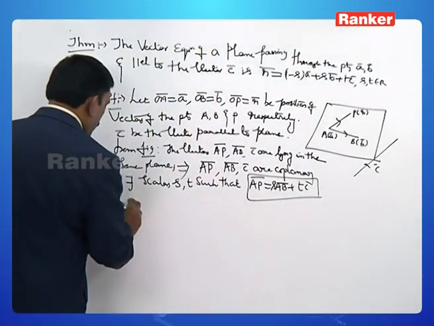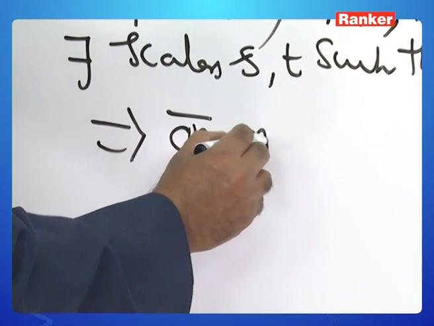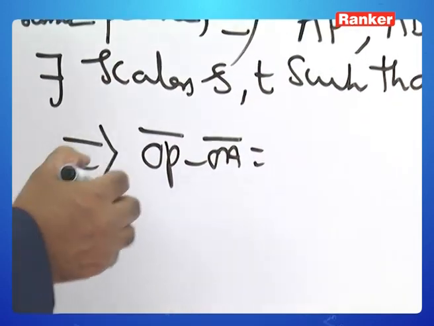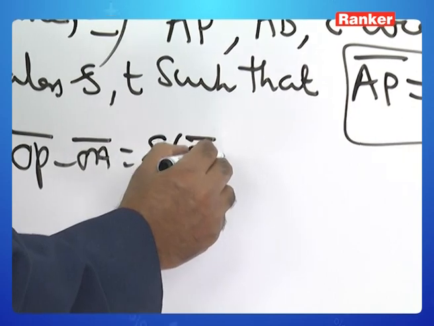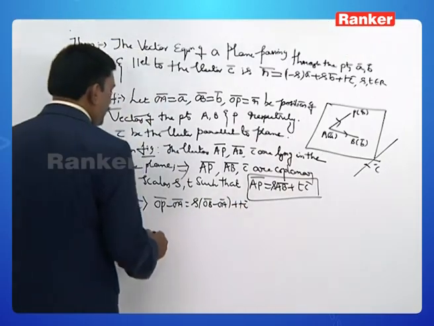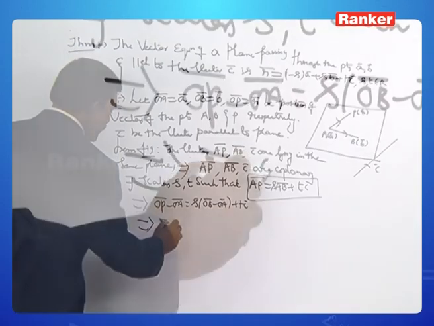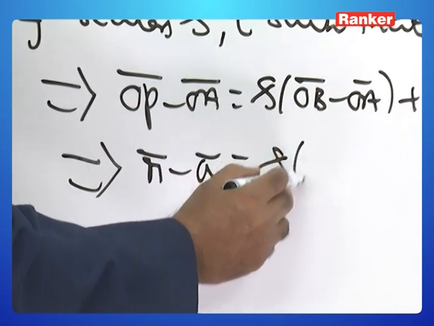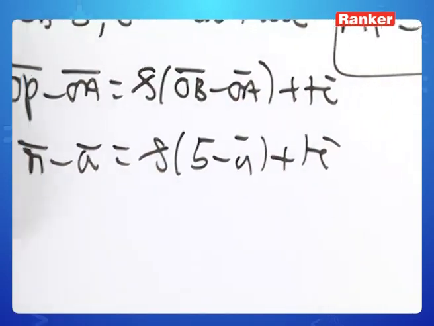So AP bar is not given, its position vectors are given: OP minus OA, S into OB minus OA, T into C bar. This is R bar minus A bar, S into B bar minus A bar, plus T into C bar.